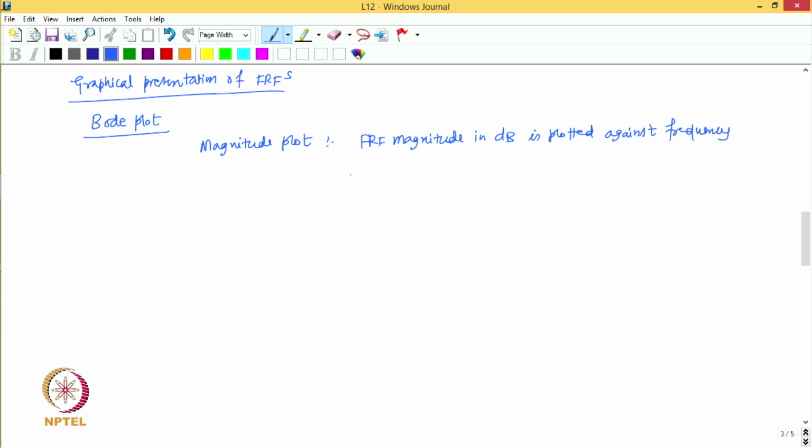The FRF magnitude in dB is basically given by 20 log to the base 10 of the magnitude of the FRF. And then we have the phase plot, in which the FRF phase in degrees or radians is plotted against frequency.